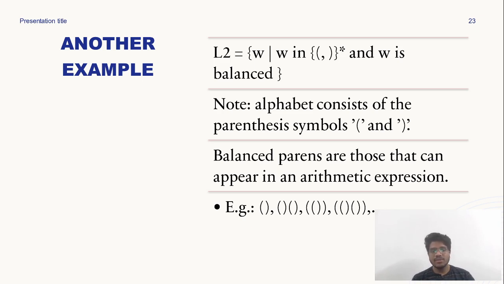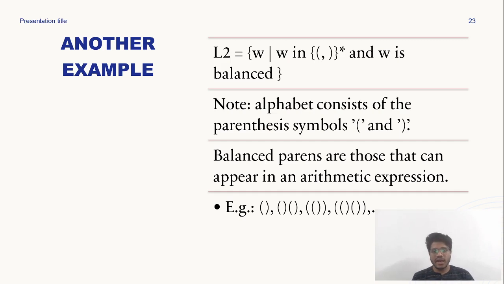These are examples of balanced parentheses. So the alphabet can consist of parenthesis symbols, and strings that are not balanced are not accepted. So it is another example that can be taken to show a non-regular language, which no DFA can accept.